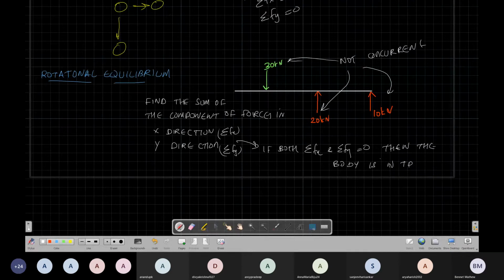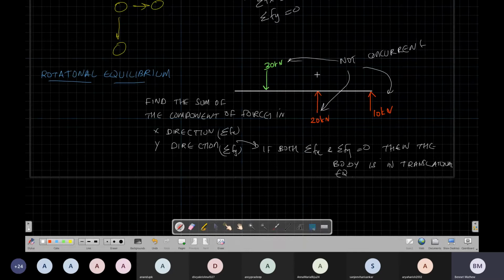Now we will come to rotational equilibrium, but you have to understand this in the translational equilibrium.